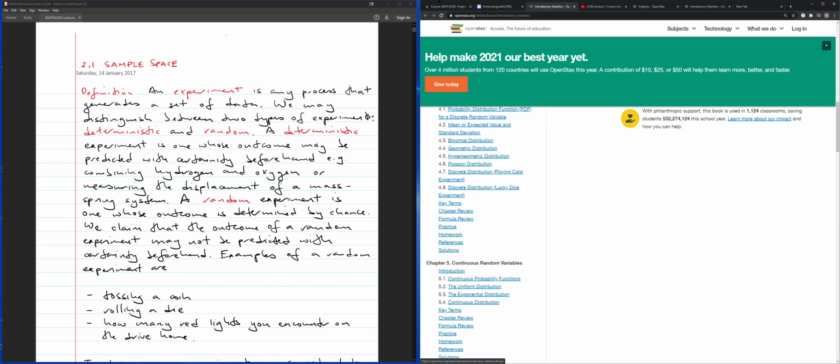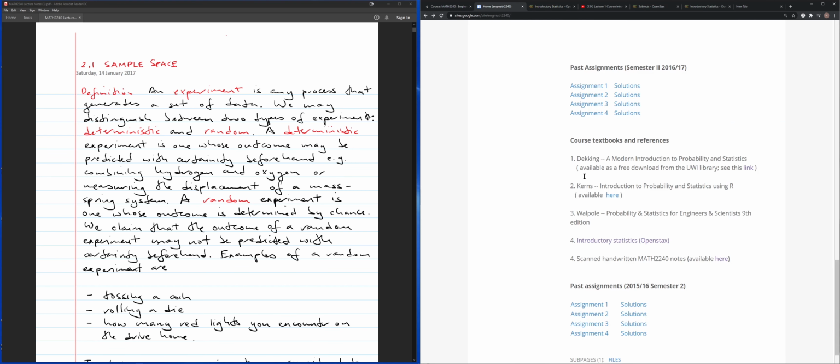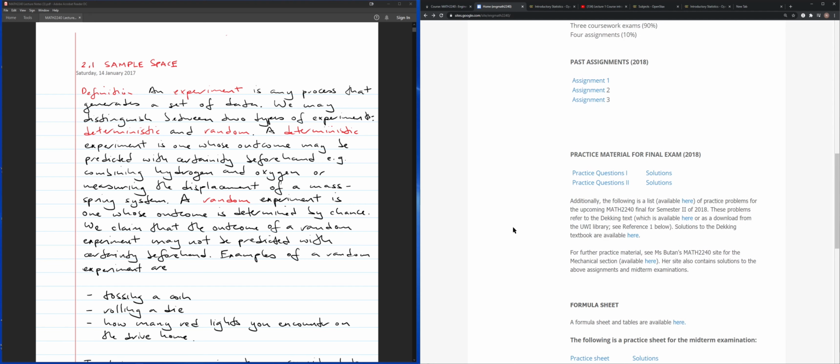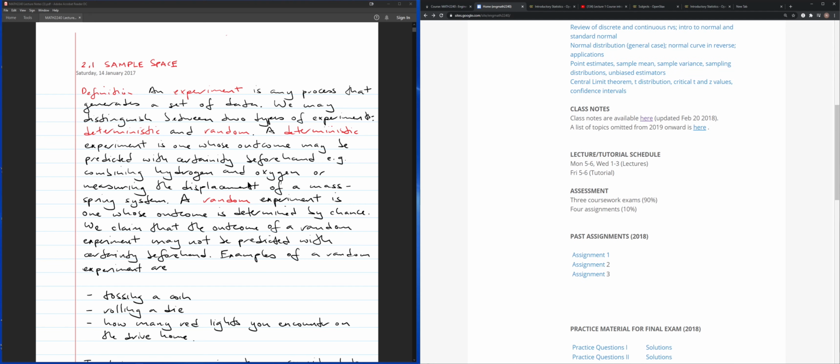Additionally, there are some Math2240 notes that are probably a little bit on the old side. You can look at these for additional reference, but as I said, your main reference would be either my course notes, which are these course notes over here, or Miss Bhutan's course notes.